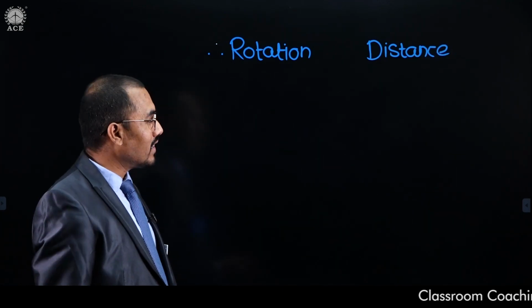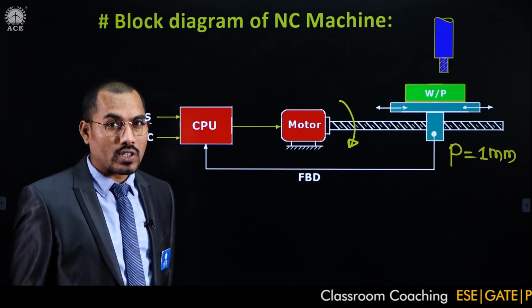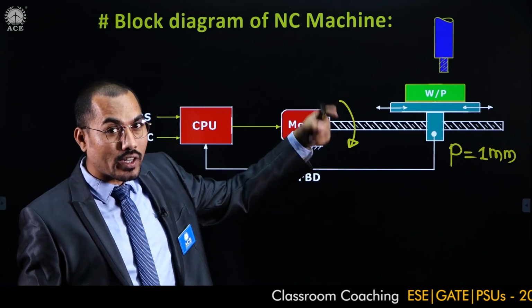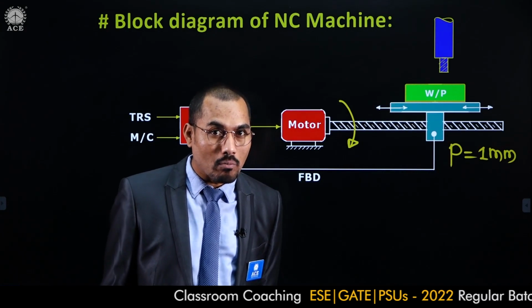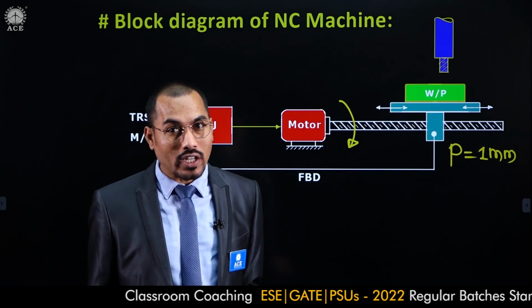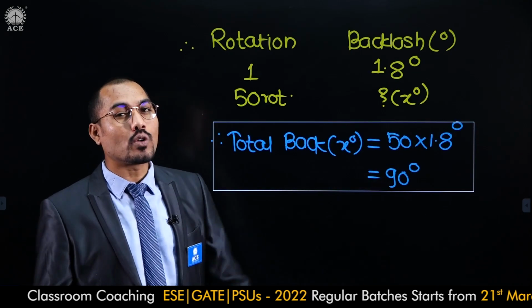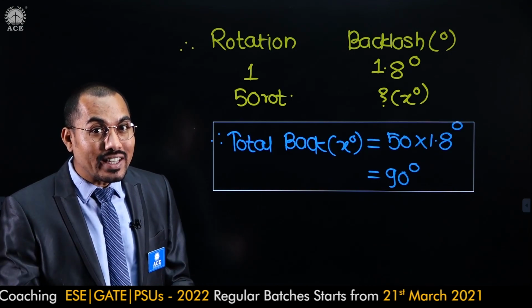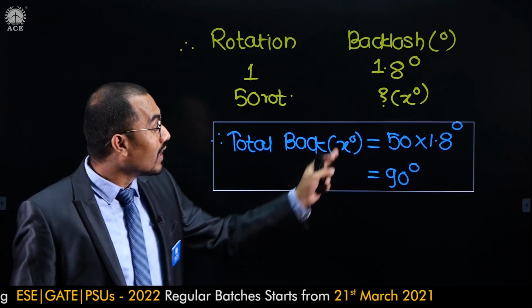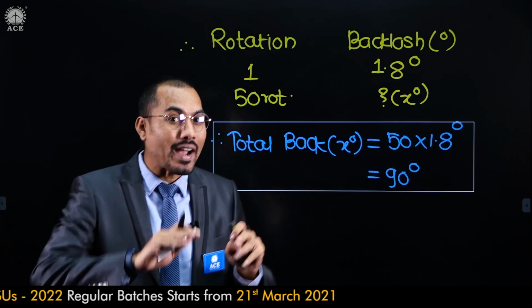Whenever this lead screw rotates 50 times, it is expected that all the rotation has to be converted to linear motion of the work table. But out of those 50 rotations, because of backlash, the 90 degrees of rotation is not converted into linear motion of the work table. That much is the distance created as backlash.